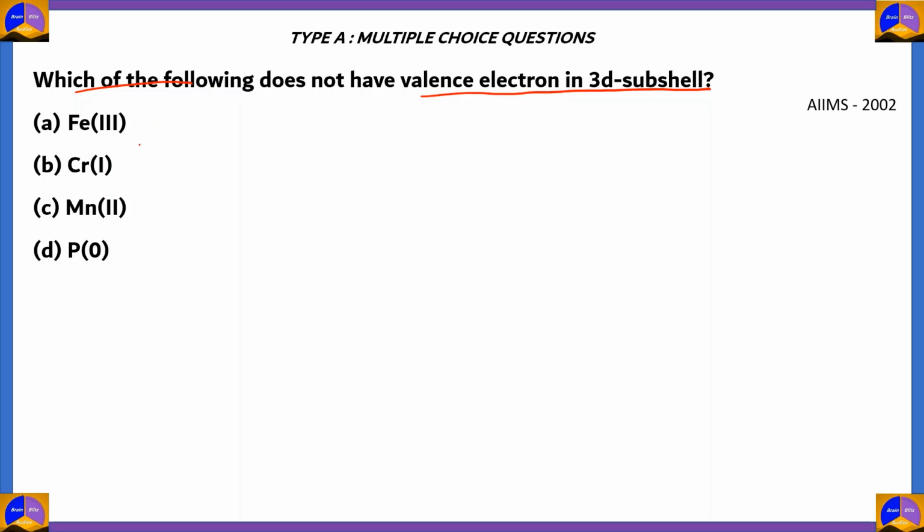So what is Fe3+? This means that whatever the compound which contains this notation will have Fe3+ ions.